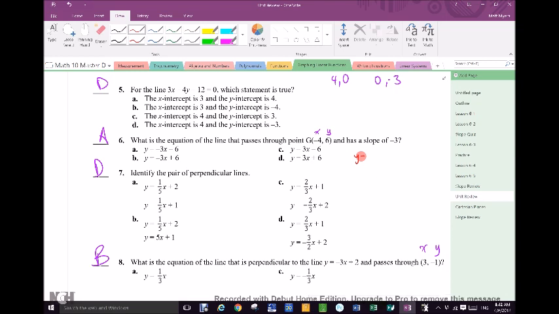I know you can't see it. It's coming. While we wait for it to show up, I'll tell you why. Oh, never mind. It's here. Y minus 6 equals negative 3x minus 12. Y equals negative 3x minus 6. Because when you bring that 6 over, it becomes positive. A.